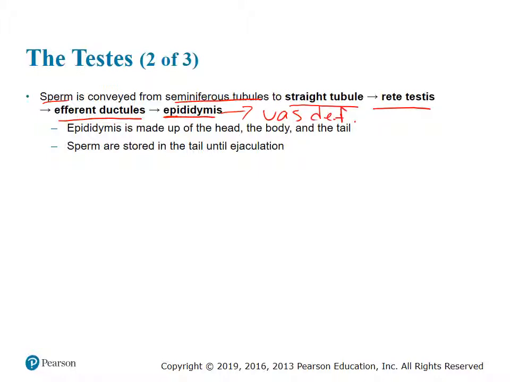Vas deferens, and then to the ejaculatory duct, and then the ejaculatory duct eventually to the urethra, right? Okay, so make sure that you know the pathway of sperm as it crosses each of these tubes and ducts, okay?